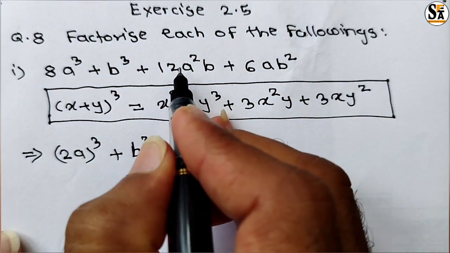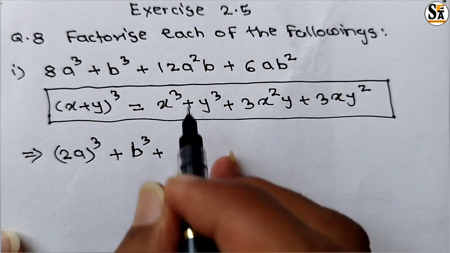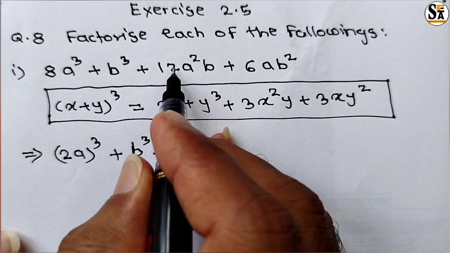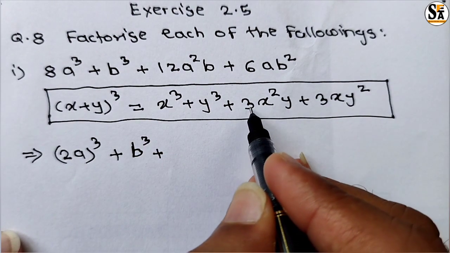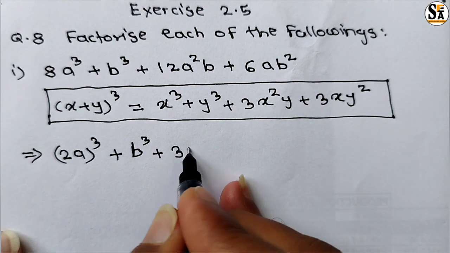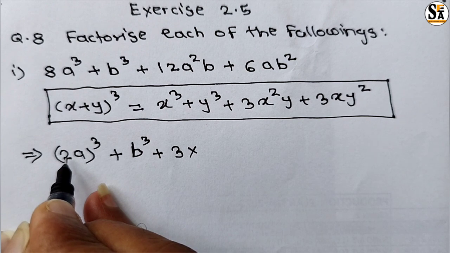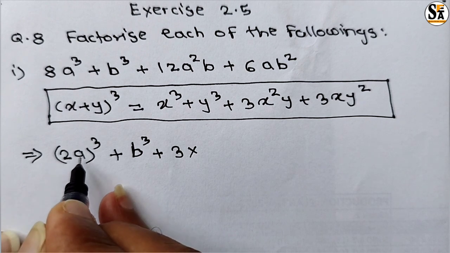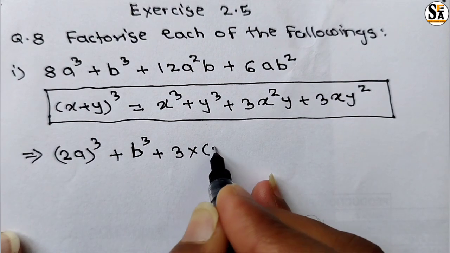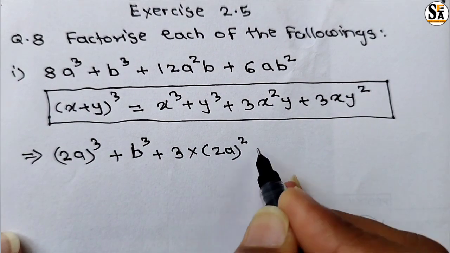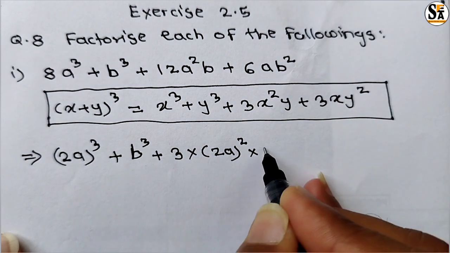Now just see 12a square b, how we can write this. Now we have to split this 12 in such a way that it will be in the form 3x square y, means 3 will be there, then square of the first term. What is the square of the first term in this case? Here we have 2a as x. So if we take the square of 2a, write 3 into (2a) bracket square into the last term b.